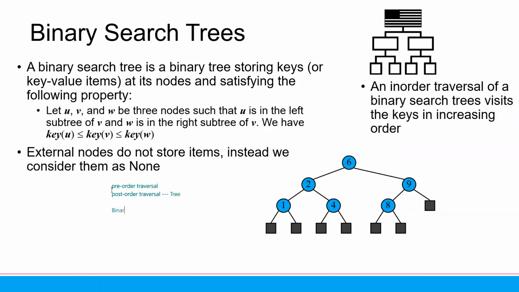If you have a binary tree, then there is one unique traversal. We call it in-order traversal. In in-order traversal, we search from the left, and then we go to the right.